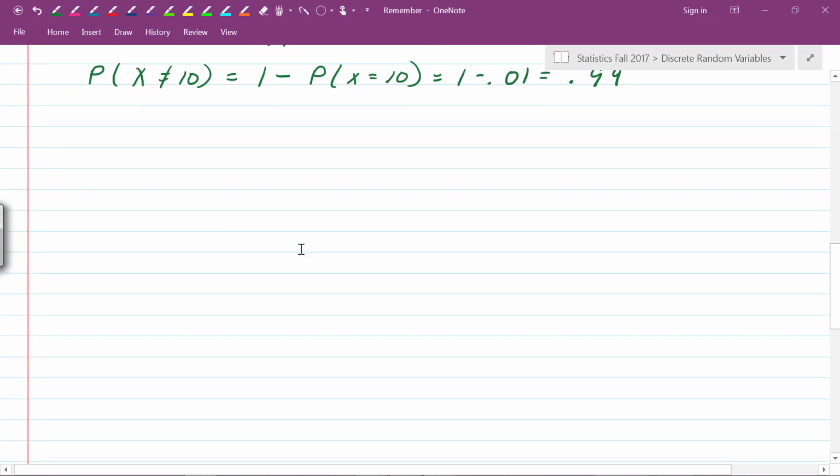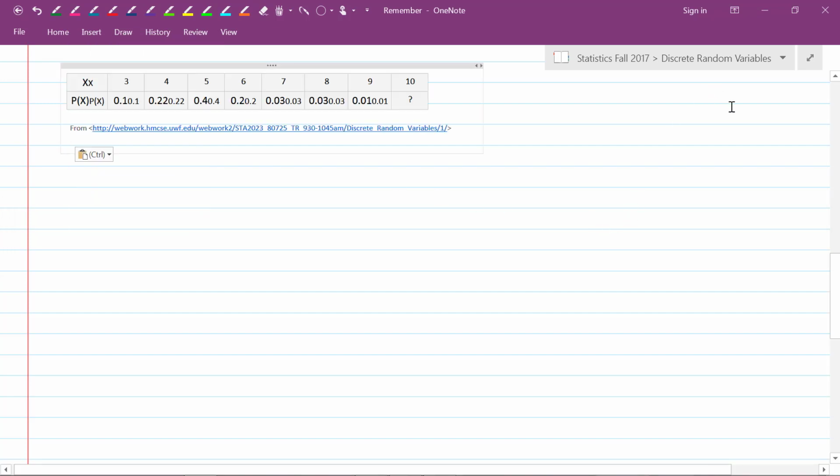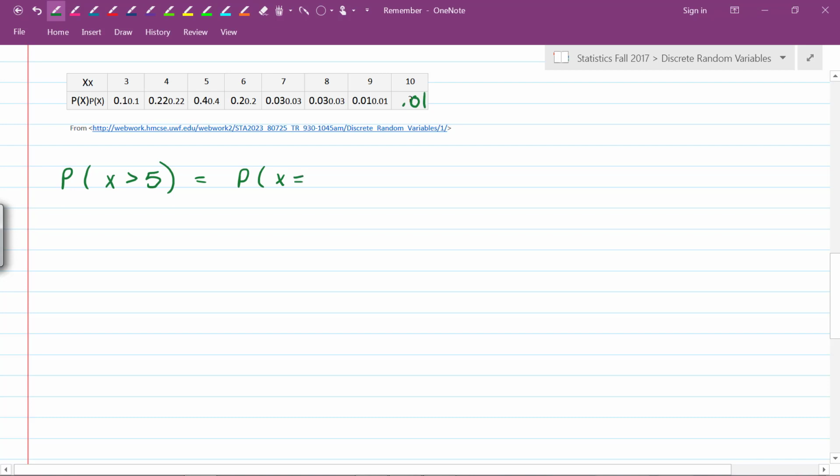So let's come up here and create, let's see if I still have that chart ready to paste. Yep, there we go. So we have right here, this is 0.01. The question is what is the probability that x is greater than 5? So this is equal to the probability that x equals 6, it can't equal 5 because it's greater than 5.